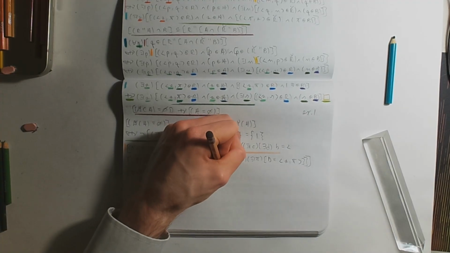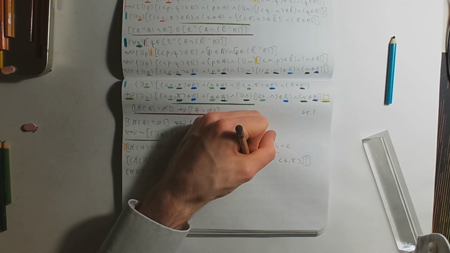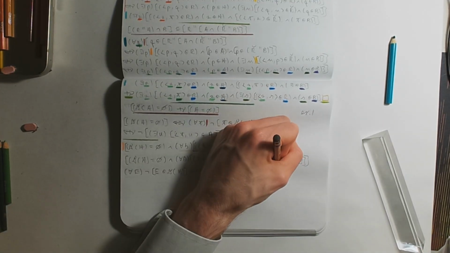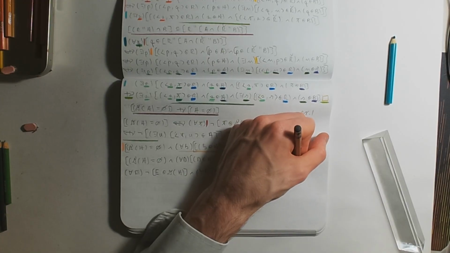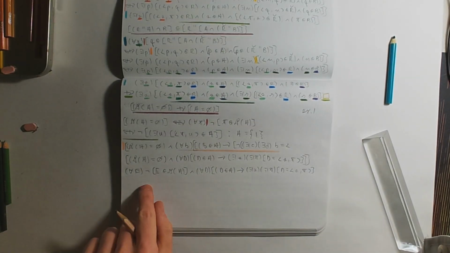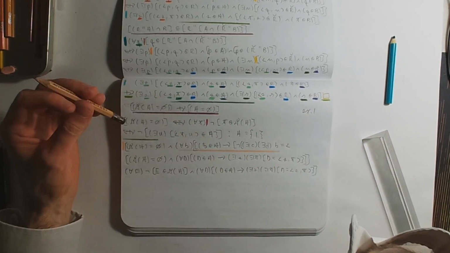if D is an element of A, then there exists an S and there exists a T such that D equals the ordered pair ST. Okay.